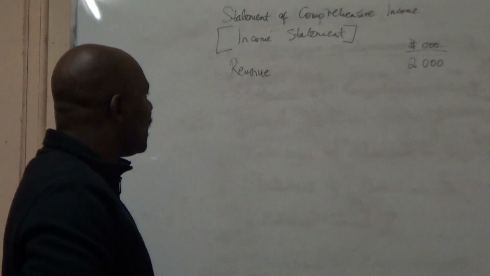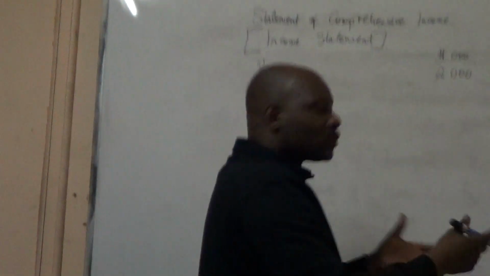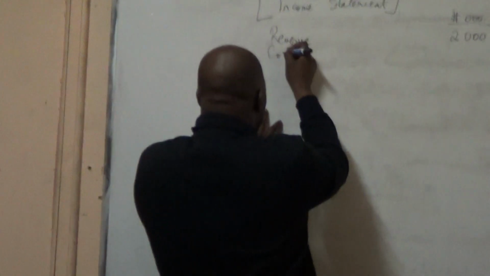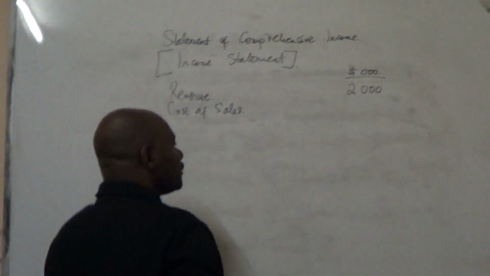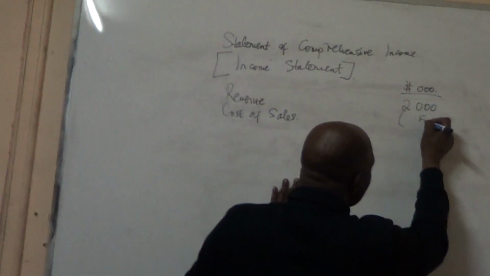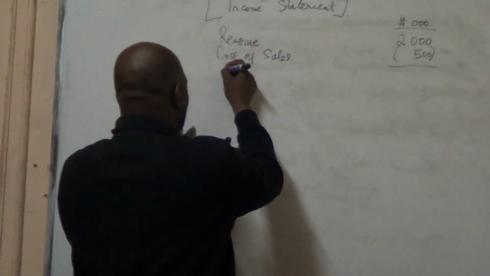In order for you to earn revenue in any business, if you are trading, you're basically selling goods, right? So you have to reduce your cost of sales. Let's say 500,000.